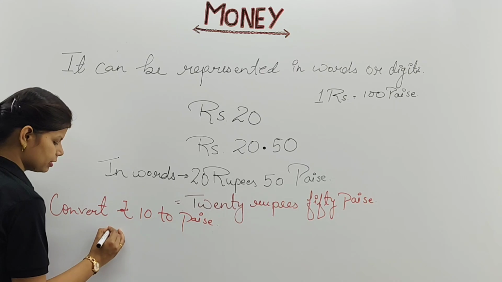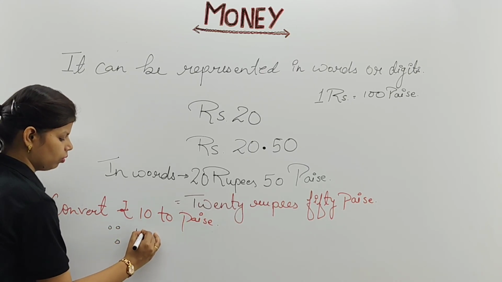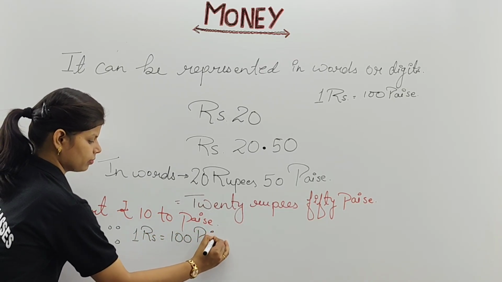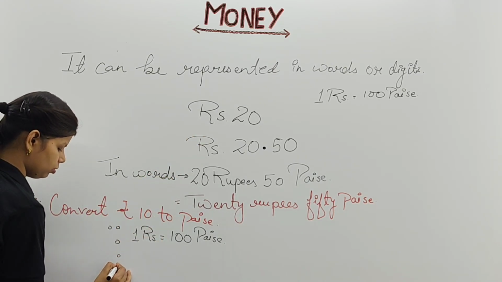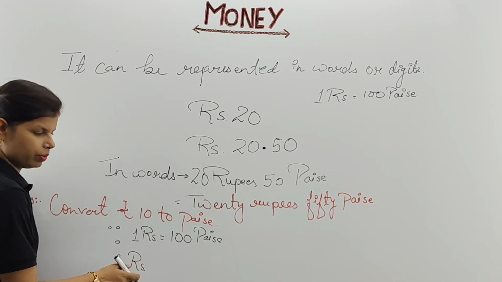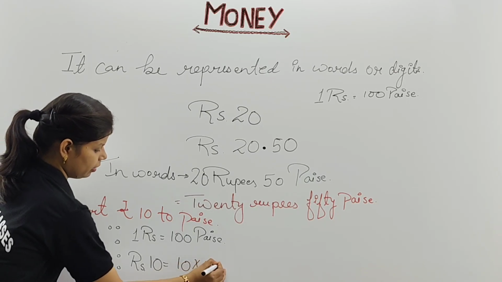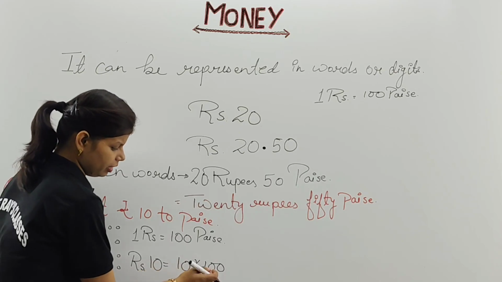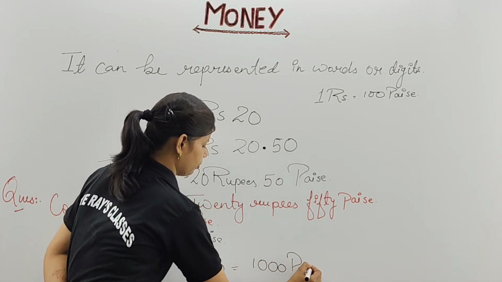You know already that 1 rupee is equal to 100 paise. Clear, no? Therefore, the rupees symbol can be written in both ways, children, please don't be confused. Rupees 10 is equal to 10 multiplied by 100. In 1 rupee we have 100 paise. So in 10 rupees how many paise do we have? 1000 paise.